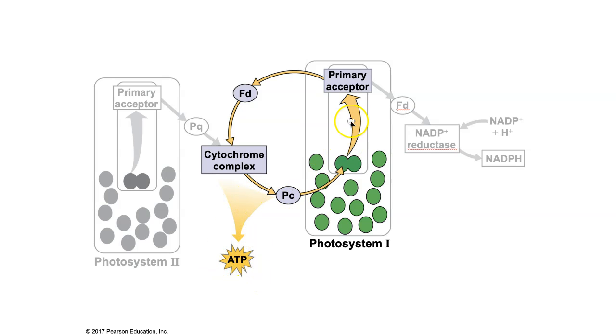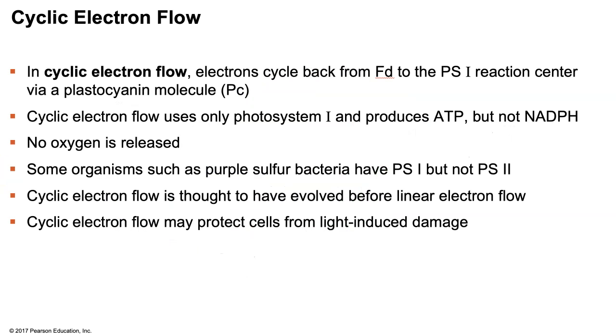So by creating this cyclical flow where you can continuously make ATP, we're not making any NADPH, so we can't really bring this over to the Calvin cycle to make sugars, but we can make energy if the plant needs to make more energy. So that is cyclic electron flow.